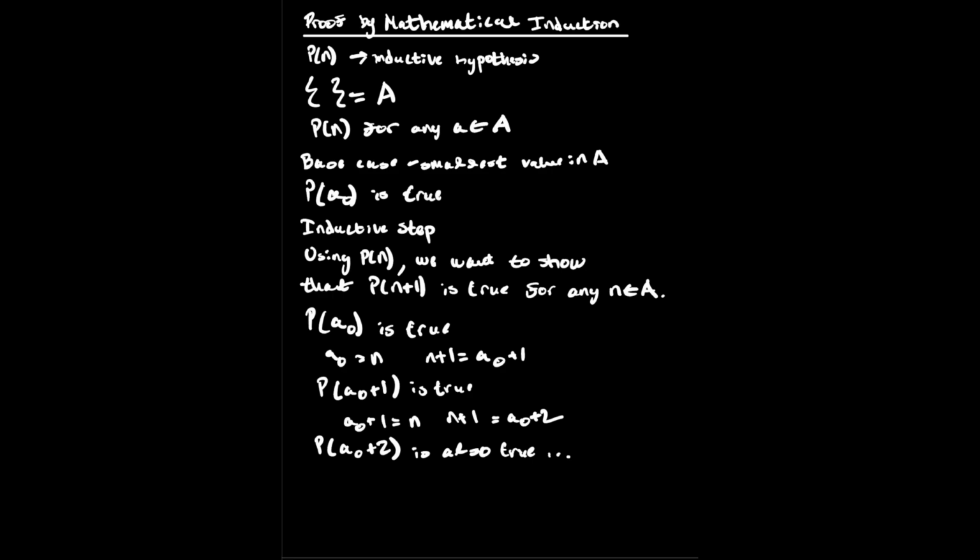And this will continue across the set A. So this creates a domino effect: if the first one is true, then the next one, and then the next one, and so on. And this really just simplifies the proofwriting process for a lot of specific types of proofs, and we'll go into a couple examples now.